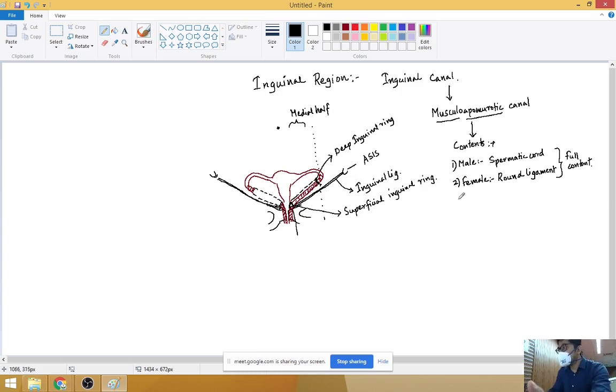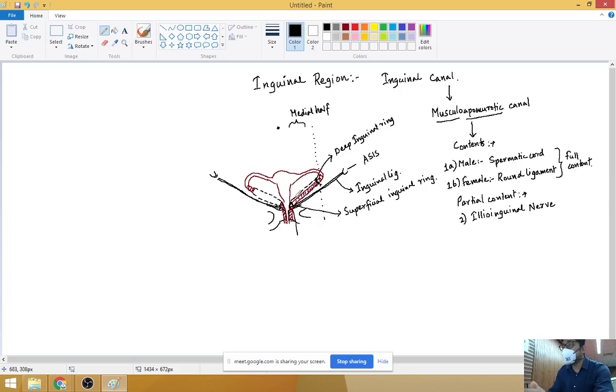Now there is another content which is partial. That is the ilio-inguinal nerve. In case of male, spermatic cord. In case of female, round ligament, and the ilio-inguinal nerve is the partial content. Okay, so it can be seen, isn't it?